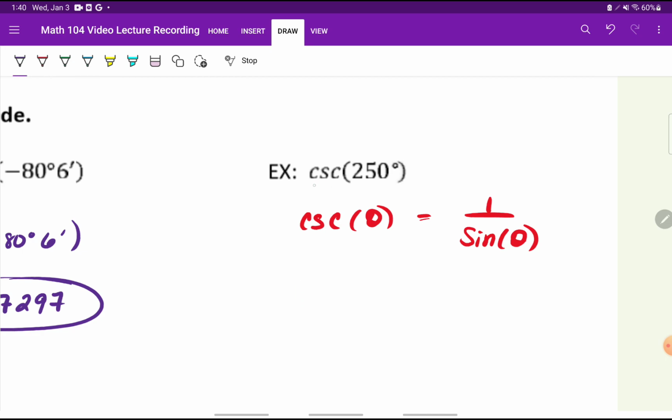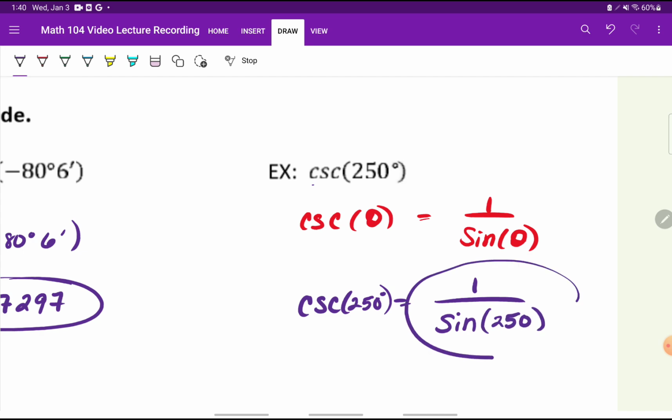So if I wanted to find cosecant of 250 degrees, I'd actually type into my calculator that I'm looking for 1 over sine of 250 degrees. And then this is what we'll put in our calculator.